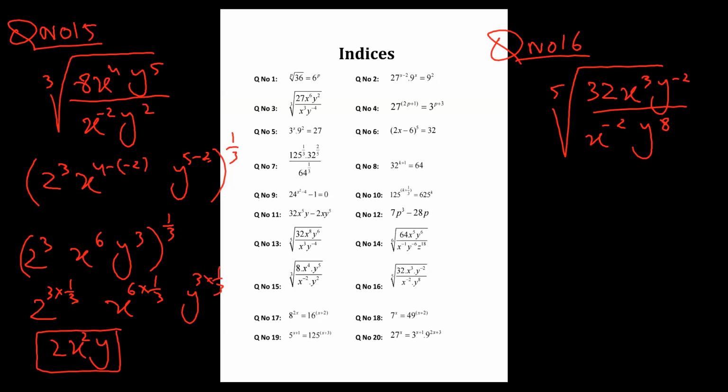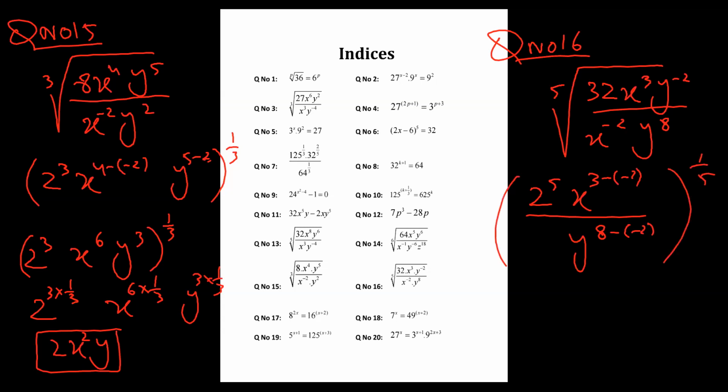Similarly here, 32 is 2 to the power 5, x to the power 3 minus 2, and y is bigger down, so I write here 8 minus 2. Even I bring it up, later on I can bring it down, no issue.